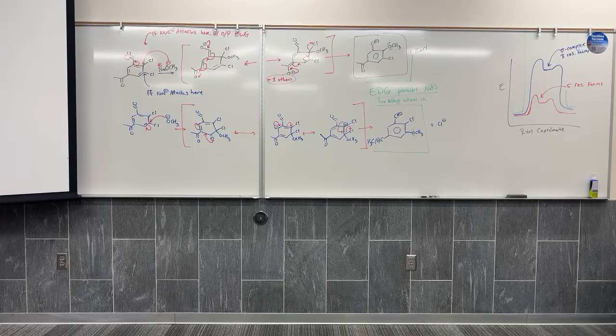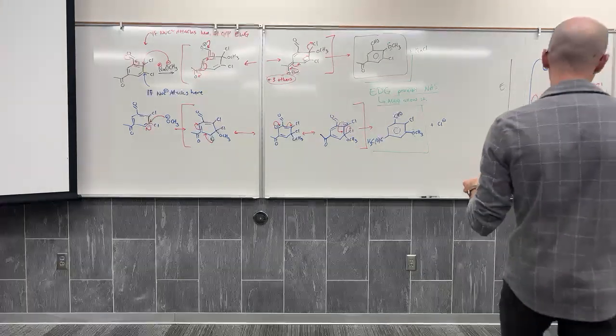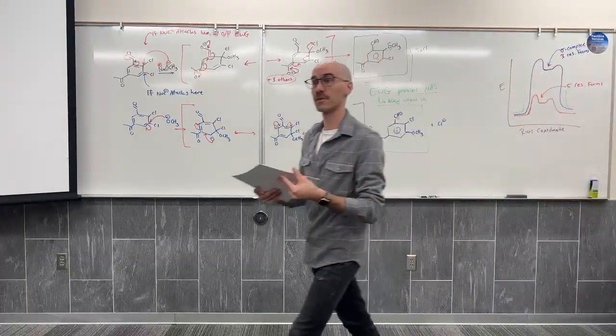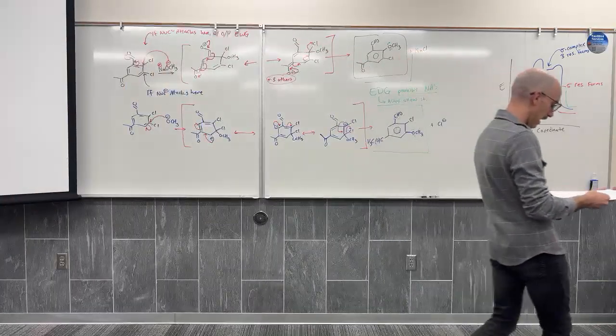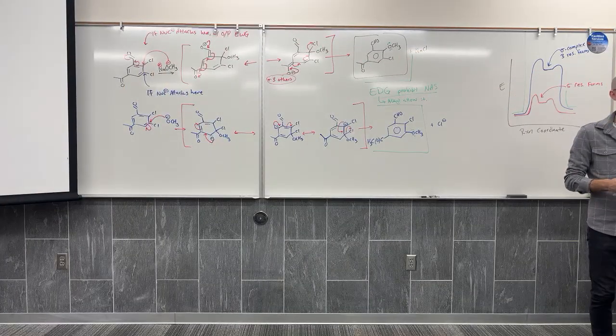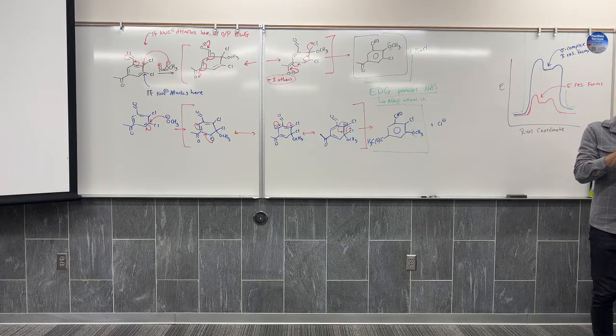I want you to use this idea of electron withdrawing groups and electron donating groups and their placement relative to the leaving groups to rank them in order of reactivity to NAS. Okay? You have 5 minutes.